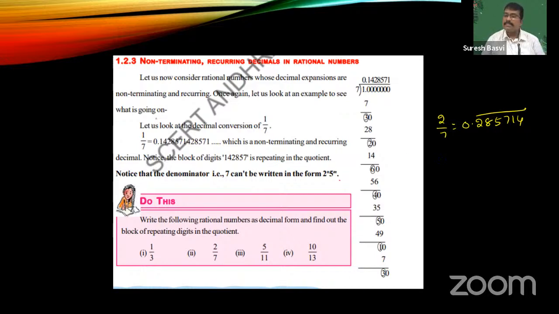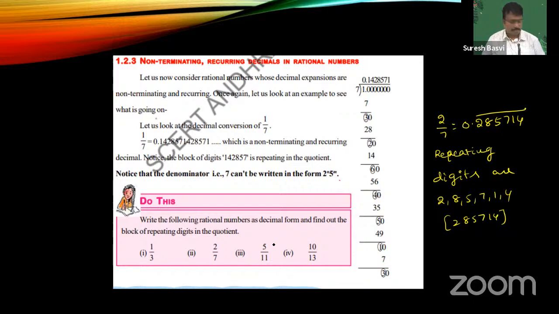The repeating digits here are 285714. You can directly write 285714.